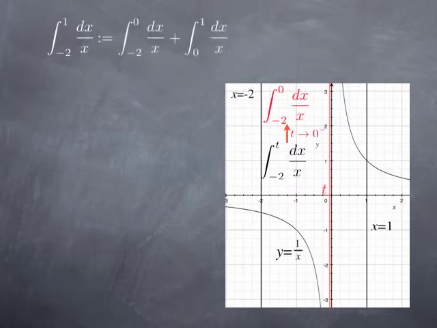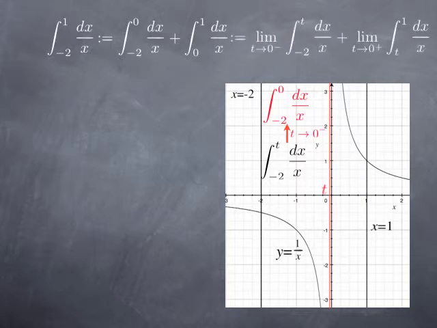And then we would define the integral from -2 to 1 as the integral from -2 to 0 plus the integral from 0 to 1, where both integrals here are in fact also improper integrals and defined as limits. The first one is a limit when t is approaching 0 from the left of the integral from -2 to t, and the second is the limit when t is approaching 0 from the right of the integral from t to 1.